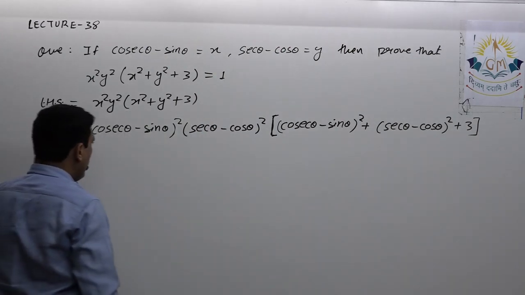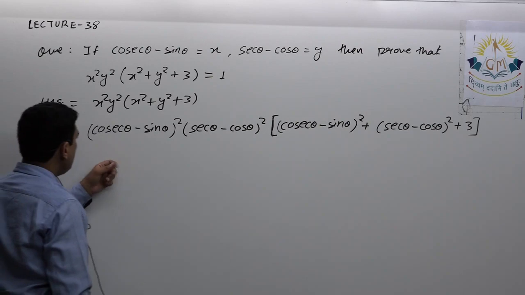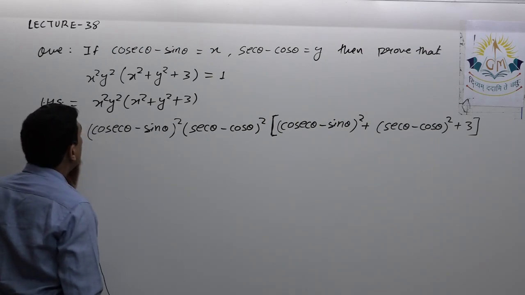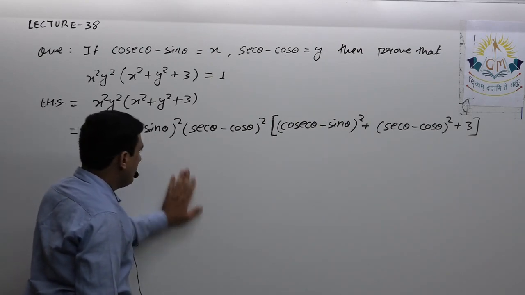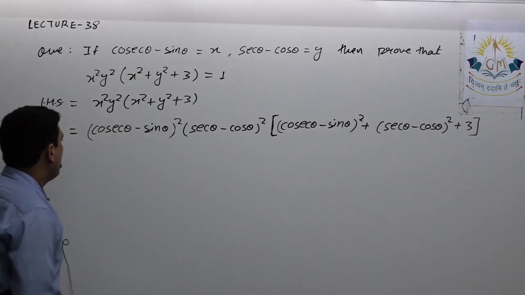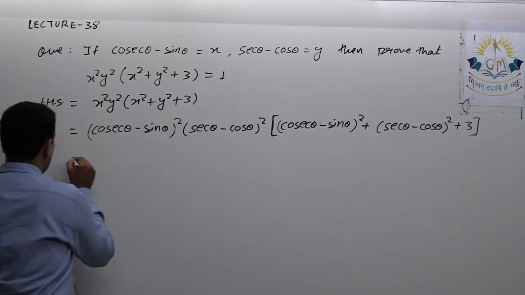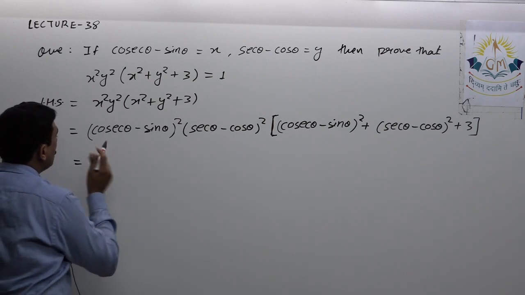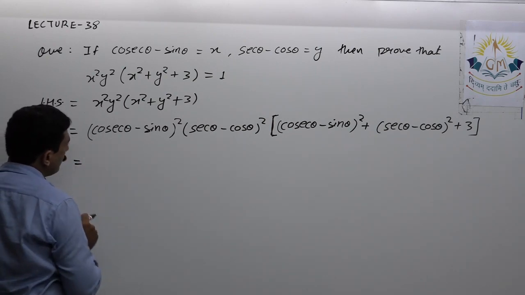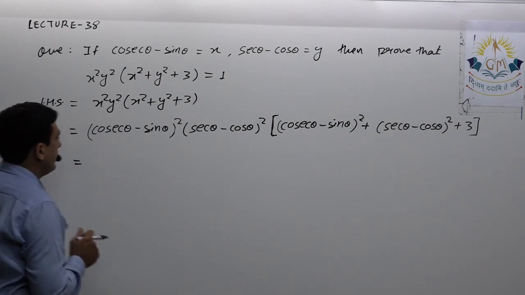Now before I proceed, I will convert the trigonometric ratios in the form of sine and cos. So here if I convert, this will become 1 upon sine theta.